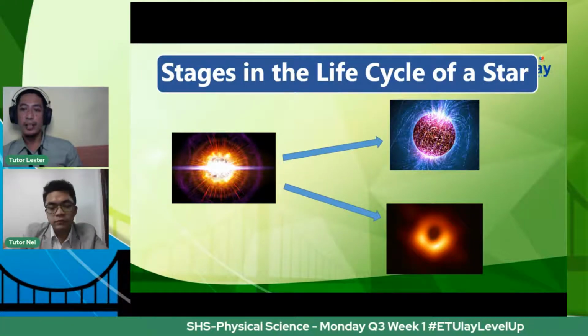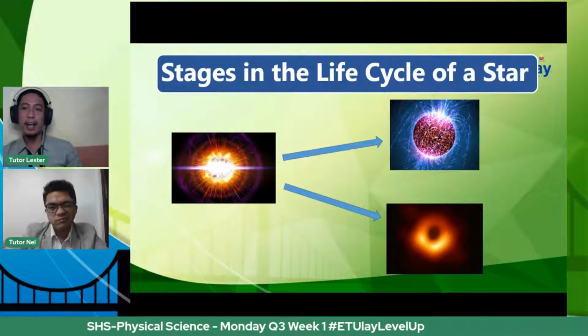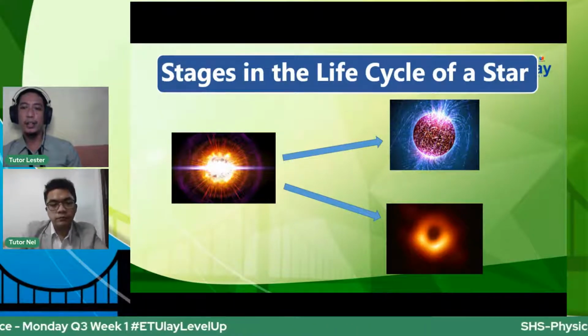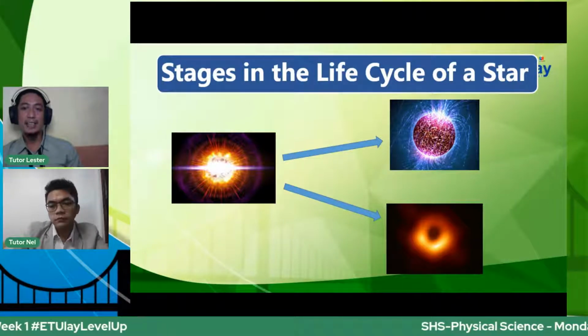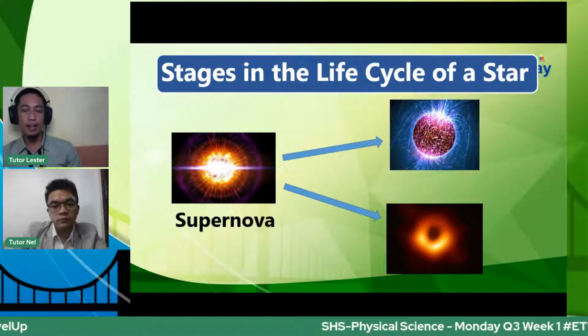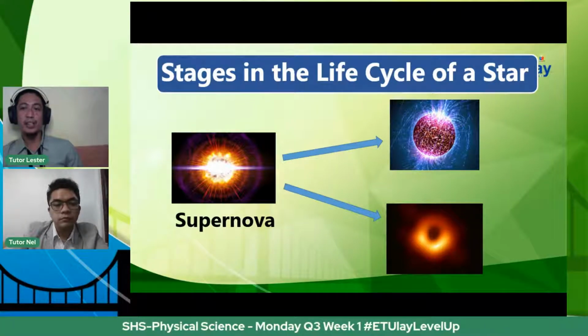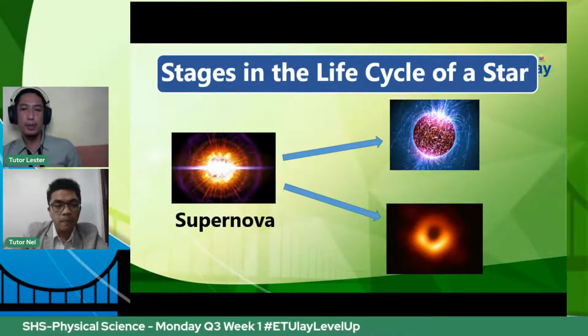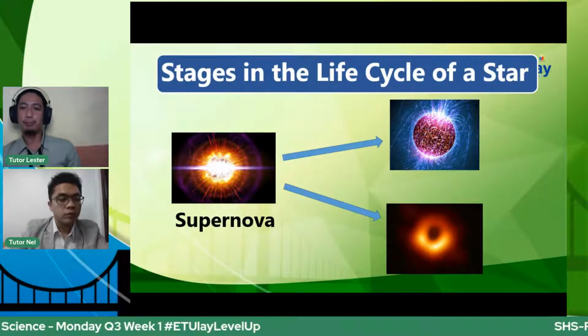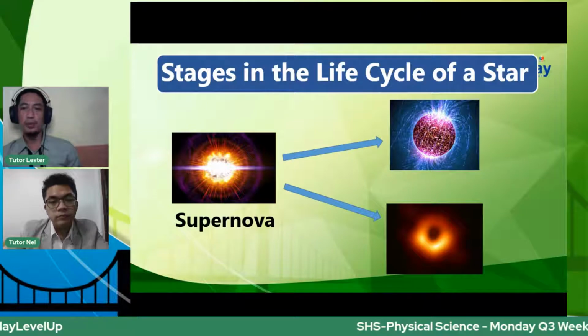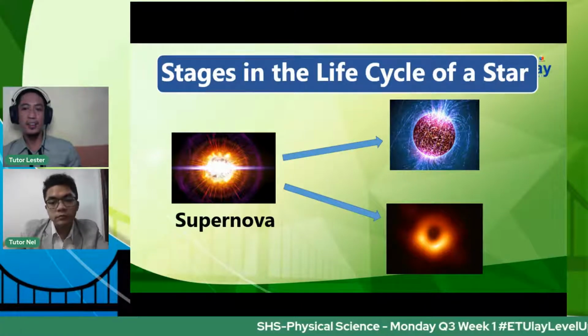And when that helium is used up and is heavy with elements like iron, sumasabog ang mga ito bilang isang supernova. That happens after several million years as a super red giant. And how about the core of the star that went supernova? Ano pong nangyayari sa core?